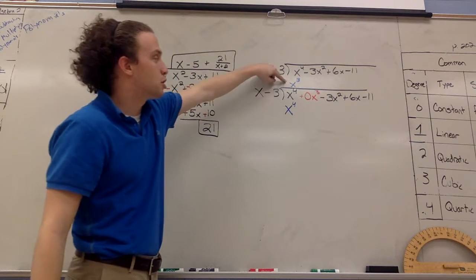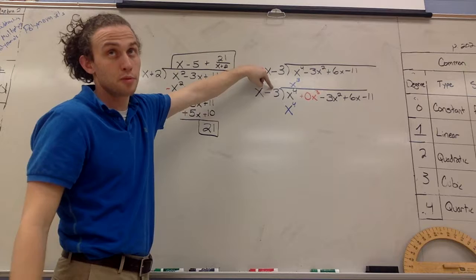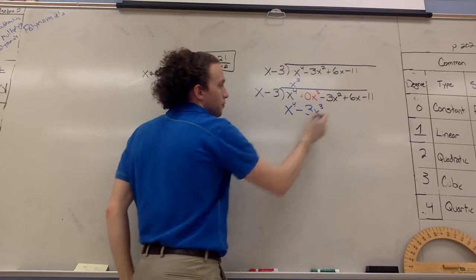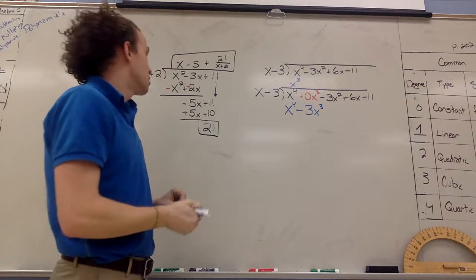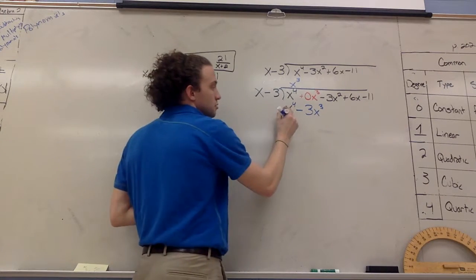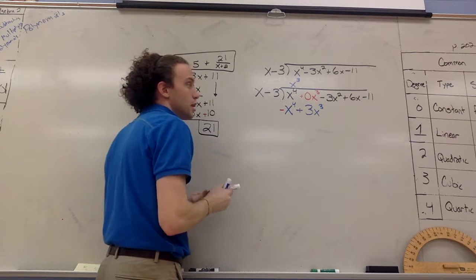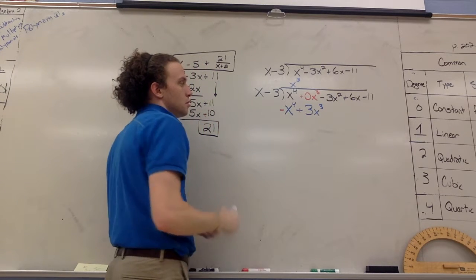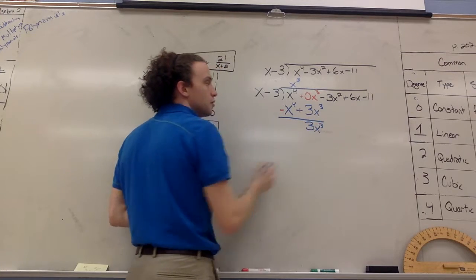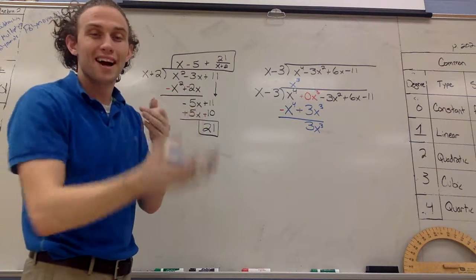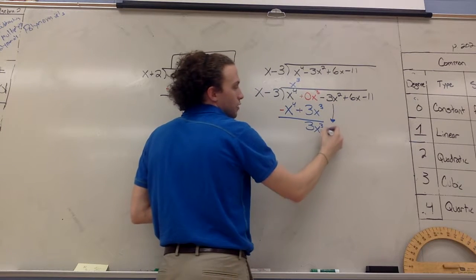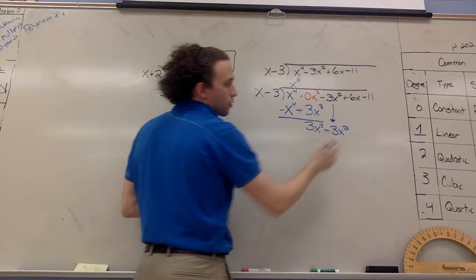And then I have x cubed times a negative 3, because I have to distribute this, gives me a negative 3x cubed. Alright, so what I'm supposed to do now is change my signs and add straight down. So this gives me a 3x cubed, and then I have to bring down that next term. So I have a negative 3x squared.